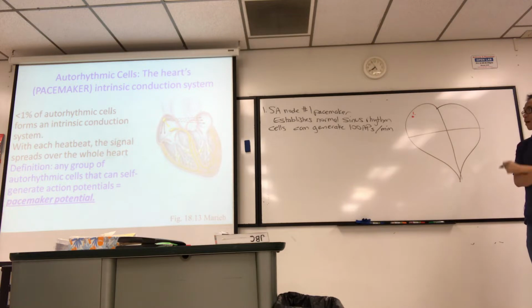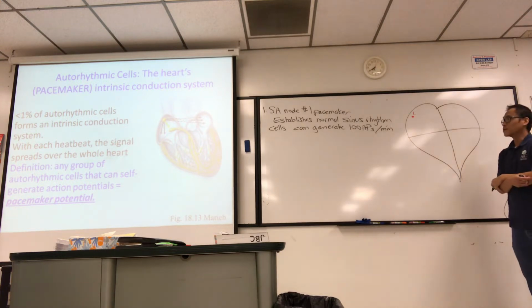I use that abbreviation a lot. So that's basically your heart rate. Now, average heart rate is a little less than that. It's about 75 beats per minute. So there's some parasympathetic activity that dampens the SA node.